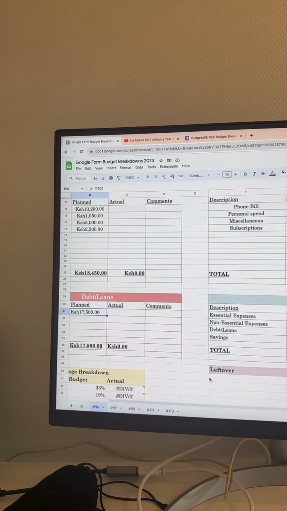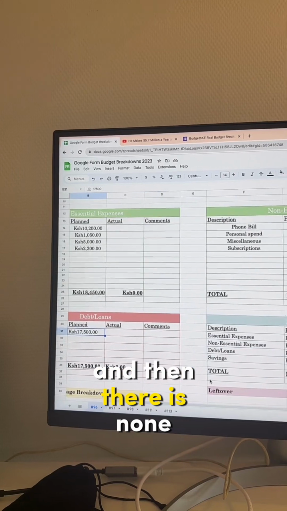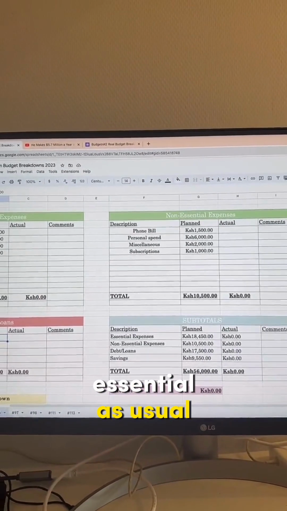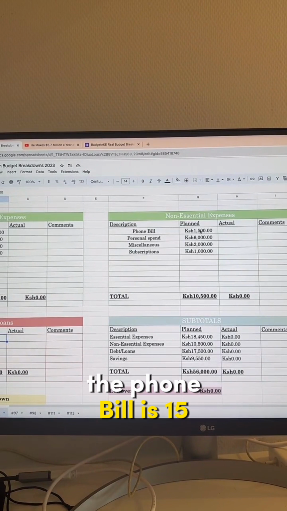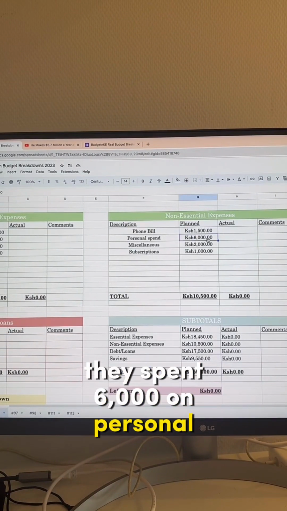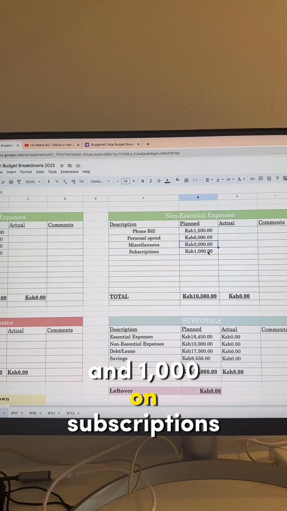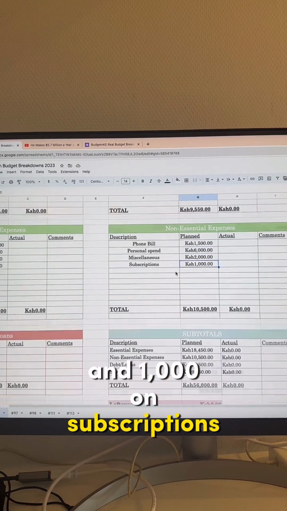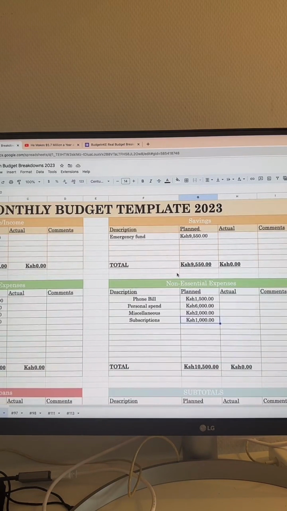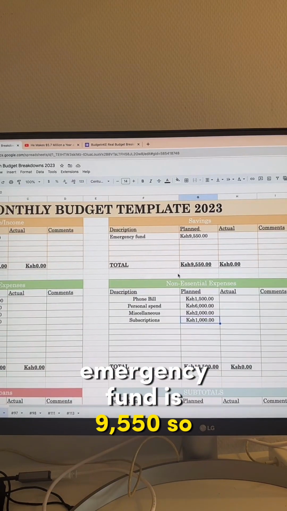And then there is non-essential as usual. The phone bill is 1,500. They spend 6,000 on personal spend, 2,000 miscellaneous, and 1,000 on subscriptions. The emergency fund is 9,550.